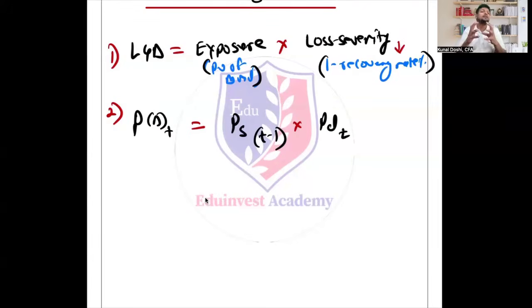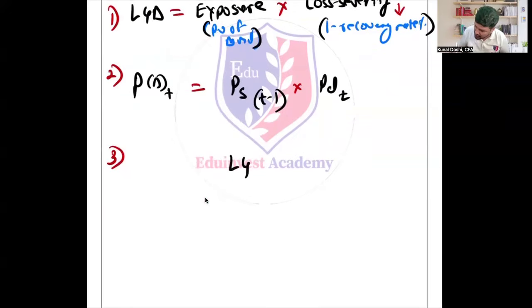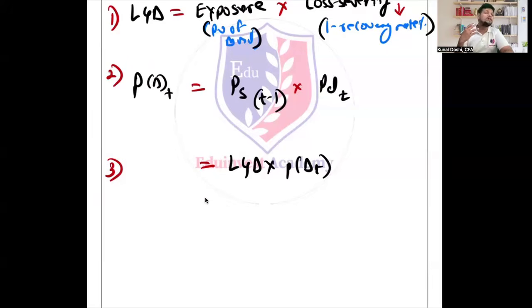At a specific time, you need to take the probability of survival in the previous years times the probability of default. Got it? When you multiply these two, 1 and 2, that is loss given default times the probability of default of that year, that will give you your expected loss, or your expected amount that you will lose if the bond defaults, right? So this is going to be your expected loss.